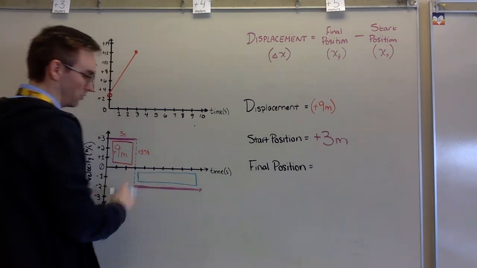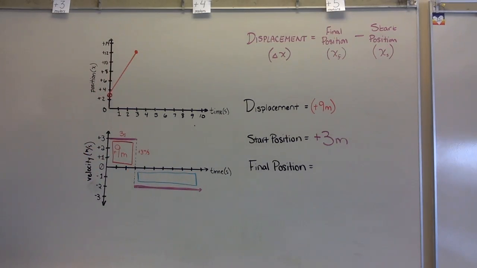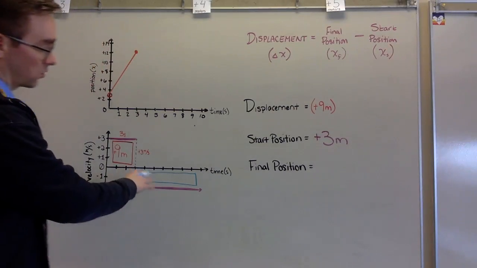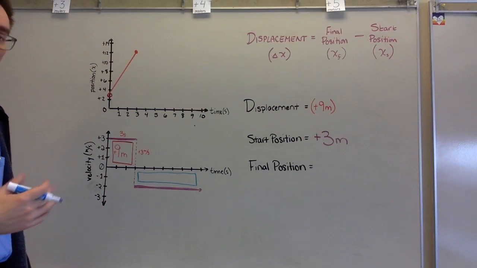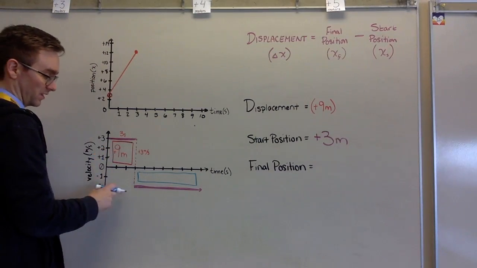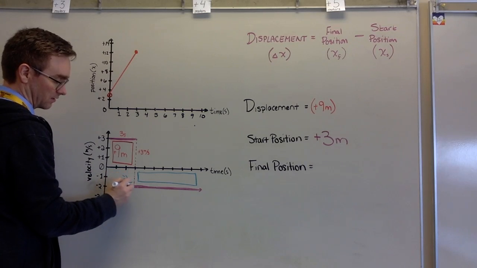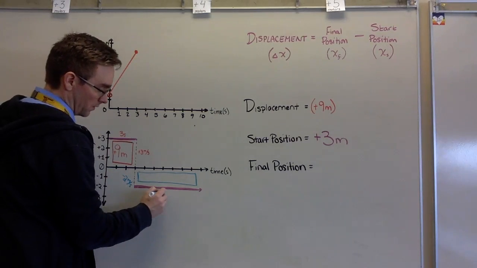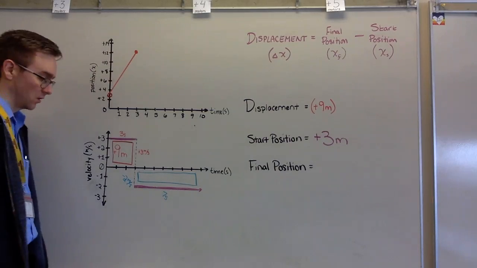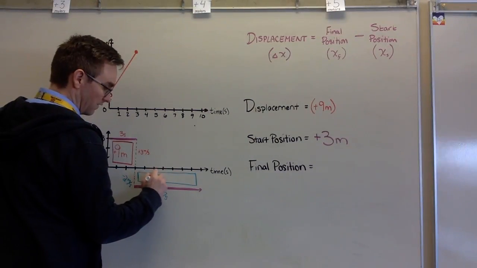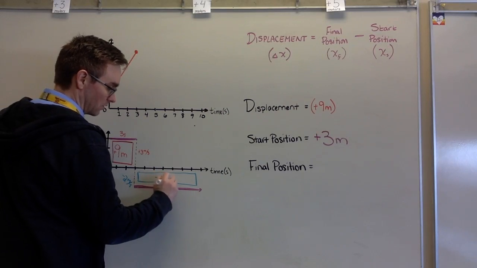Right now, we're just going to be doing boxes because we're doing constant velocity. Eventually, you can do the same thing with triangles instead of squares and rectangles once we start talking about acceleration. So in this case here, I went a negative 2 meters per second for a total of 7 seconds, or length times width. It's going to be a negative 14 meters during that time.